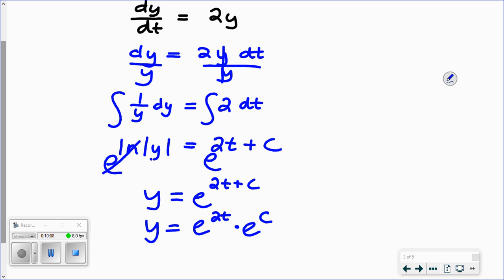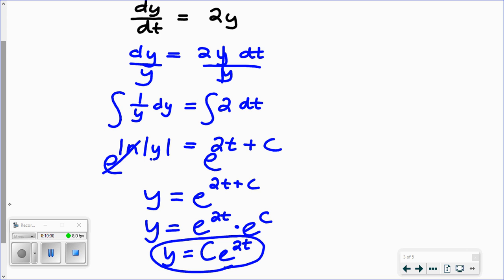And then e to the c power is still some unknown constant. So we actually can just replace that with a c. And then this will just become y equals c, some unknown constant, times e to the 2t power. Doing this will make solving for c later on a lot easier.